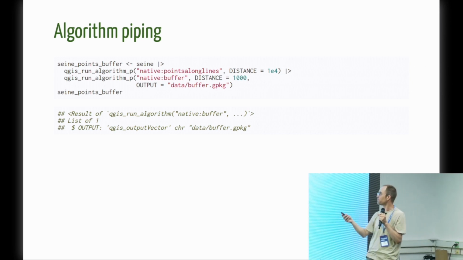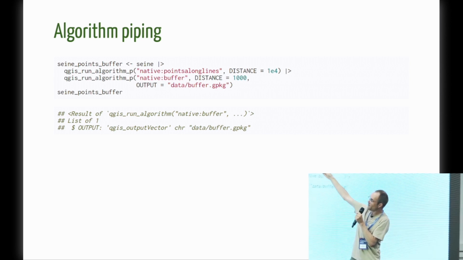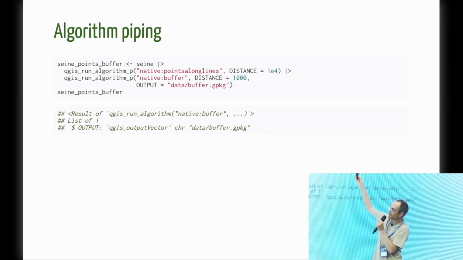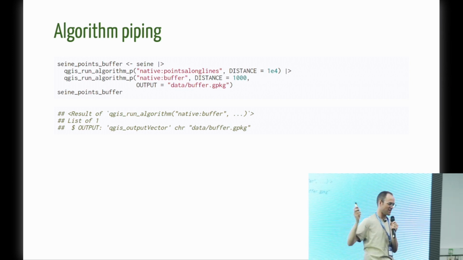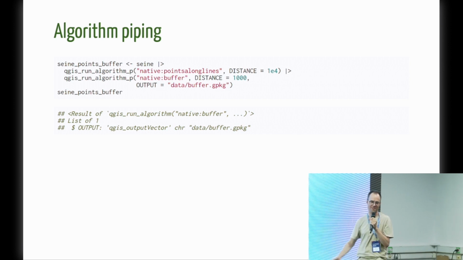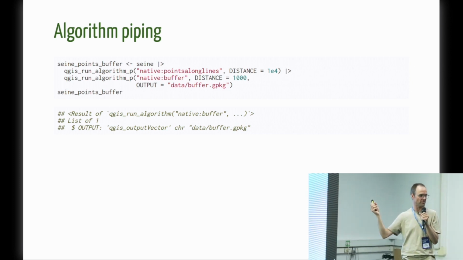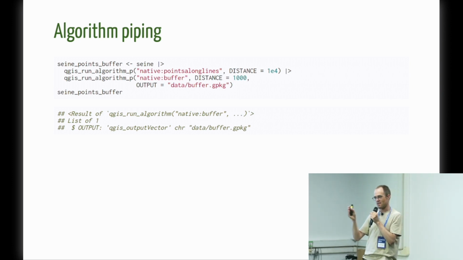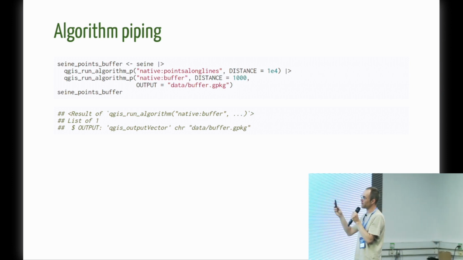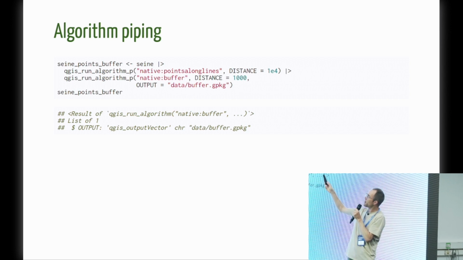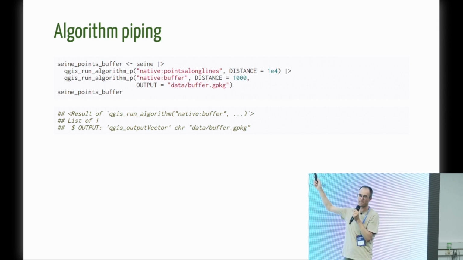This is the pipe character. So Seine, without further ado, it goes into the first argument of these functions. So the function is designed specifically for usage in pipes. But for the rest, it looks the same.